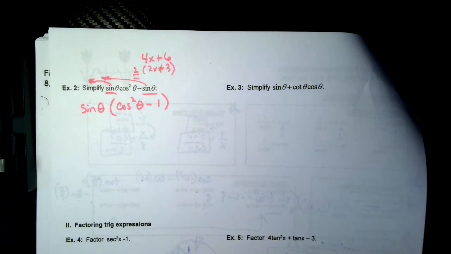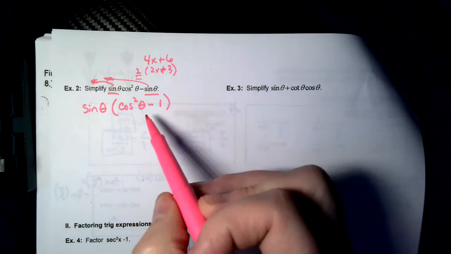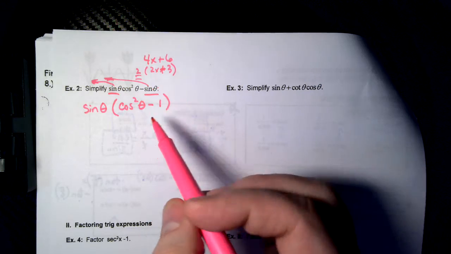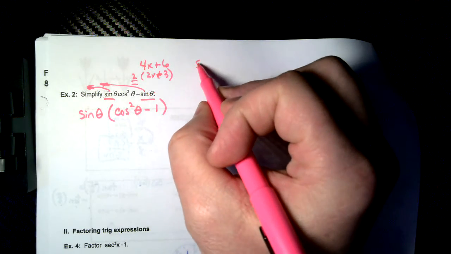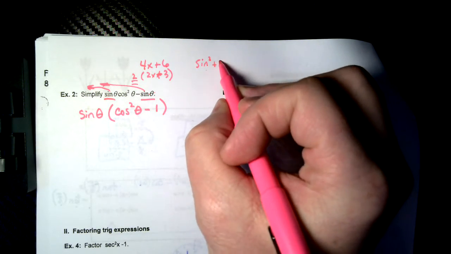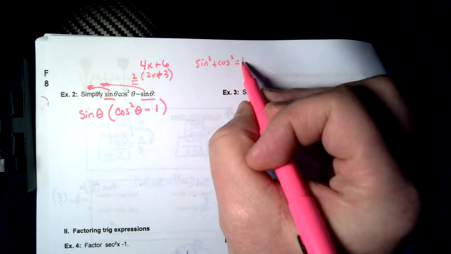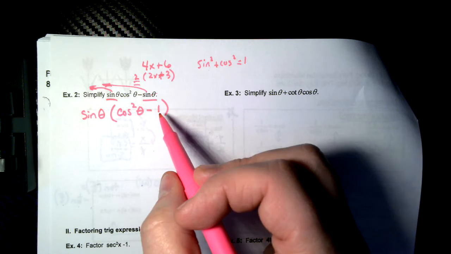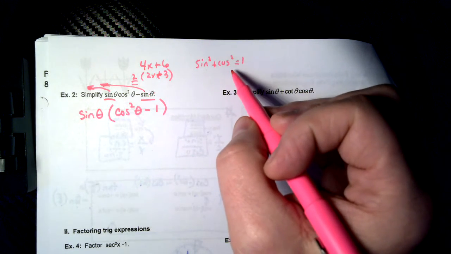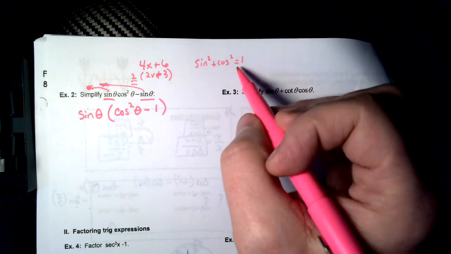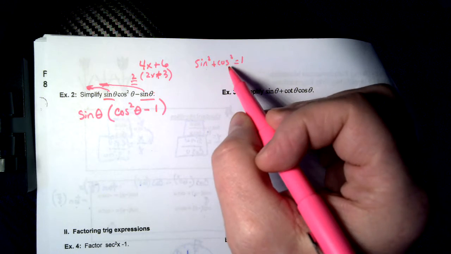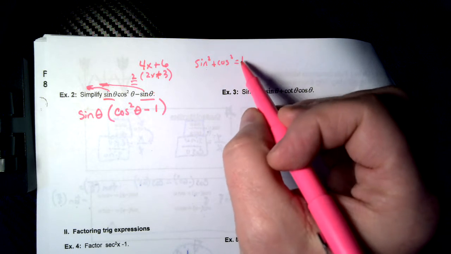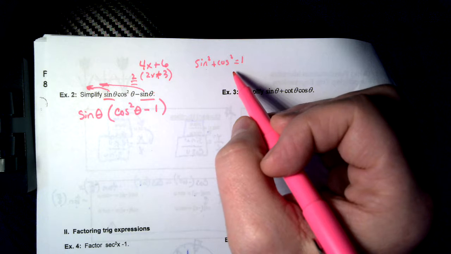Now we're getting somewhere. So what that means is cosine squared theta minus 1, I could take the property from the other page, sine squared plus cosine squared equals 1. I could probably make it look like this. Well, I can make it look close to that. It's going to be a little bit ugly here. I need it to be 1 minus cosine. So if I subtract cosine, it'd be 1 minus cosine. It'd be the other way around.